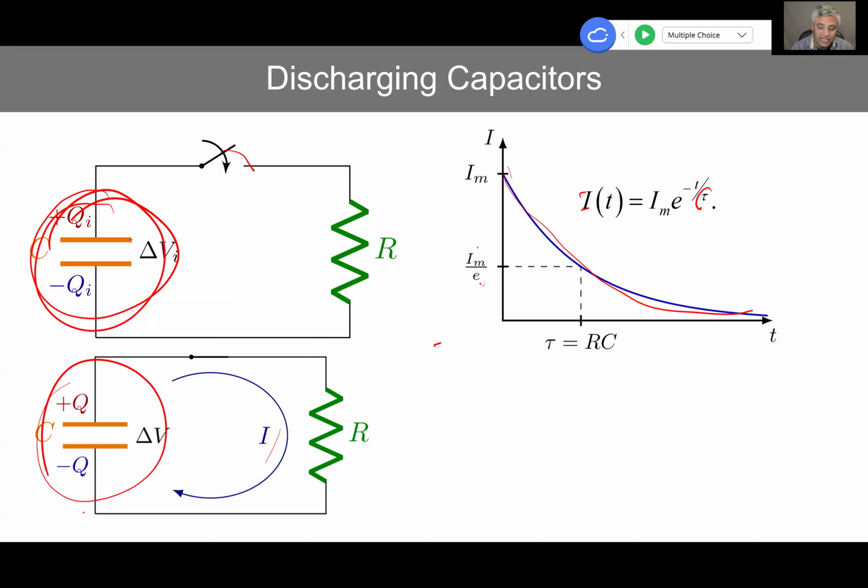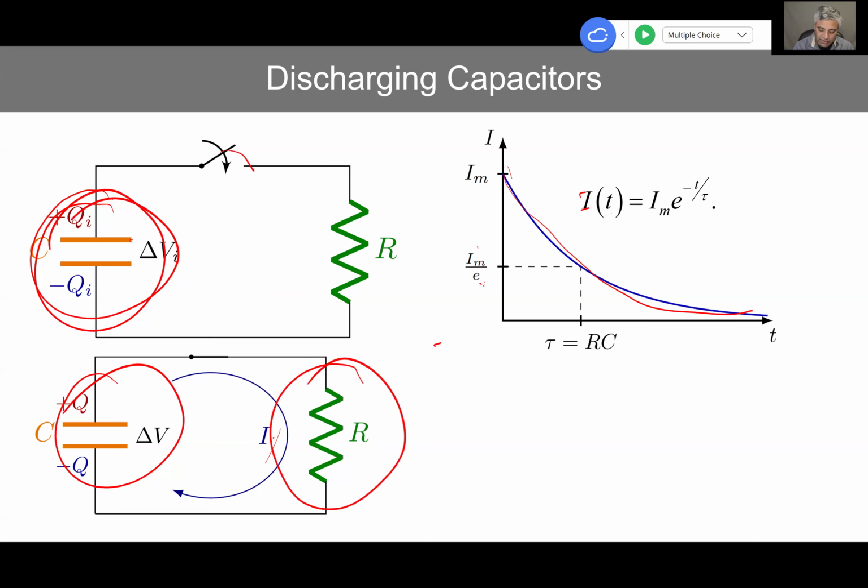There's not going to be any charge between the plates. So that means the potential difference is also going to be 0, okay? And that potential difference, whatever there is, is going to be the same as that. So that means the potential difference across the resistance is also decreasing.